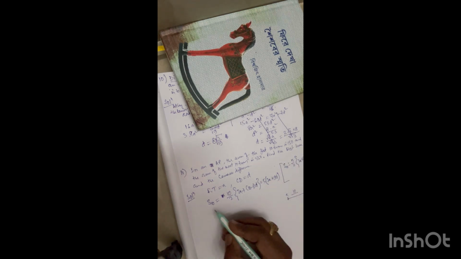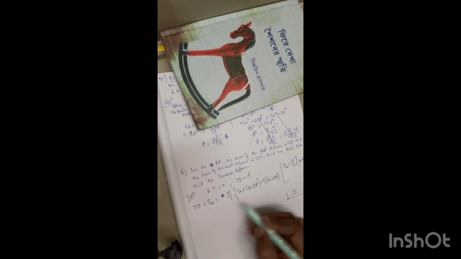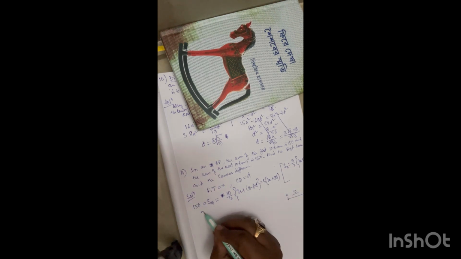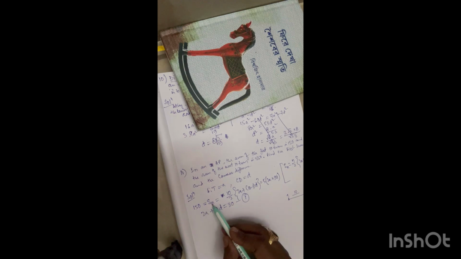Now this also has to be equalized with 150. The first equation can be reduced further. 5 will be cancelled, so 2A plus 9D will be the first equation, putting the value of S10. The sum of 10 terms is 150, given. Next 10 terms is 550. But how will I handle this?